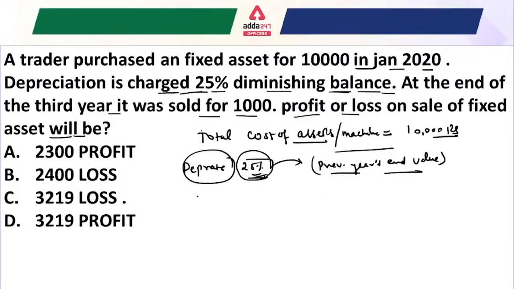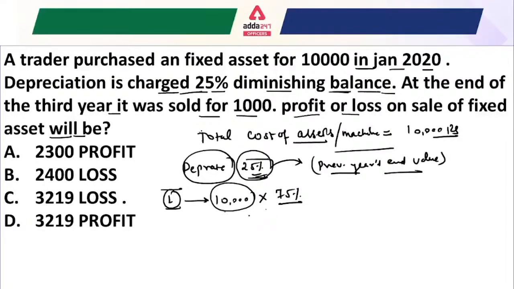Just understand this: if a trader purchased a fixed asset, or say a machine, for 10,000 rupees, and it is charged 25% for the first year, then for the first year the machine value would be reduced by 25%, and now it would be 75% of its value.